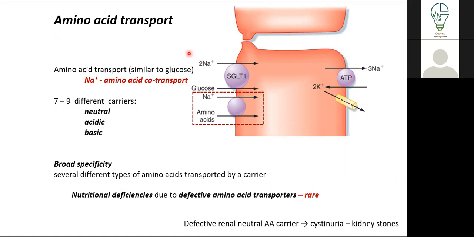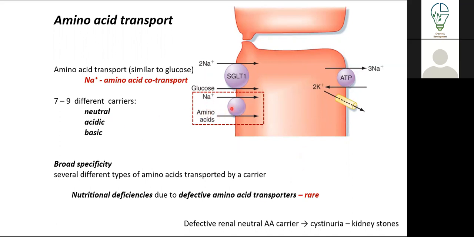So amino acid transport, as you can see here, again we have the sodium potassium pump kicking out the sodium as much as possible all the time. It's being kicked out. Why? Because we want very little sodium in the cell. Why? Because the amino acid transport works via a co-transporter with sodium, so it requires sodium for amino acids to enter inside.